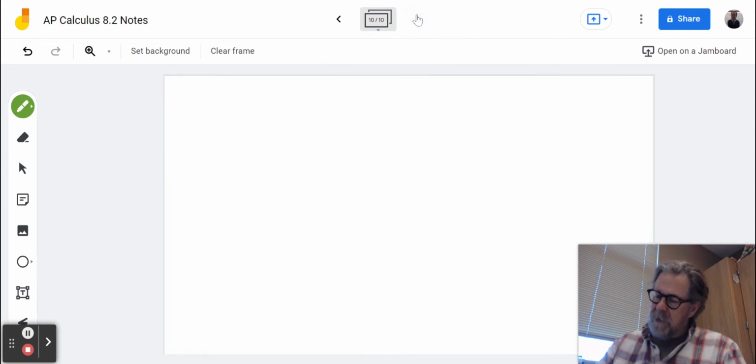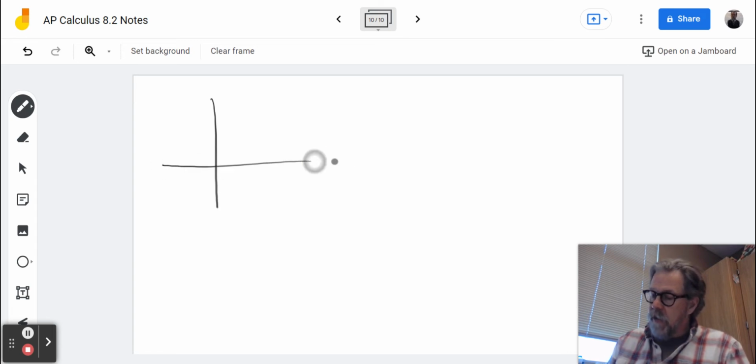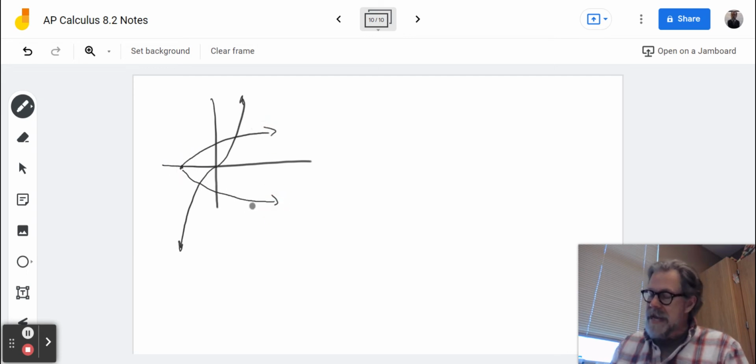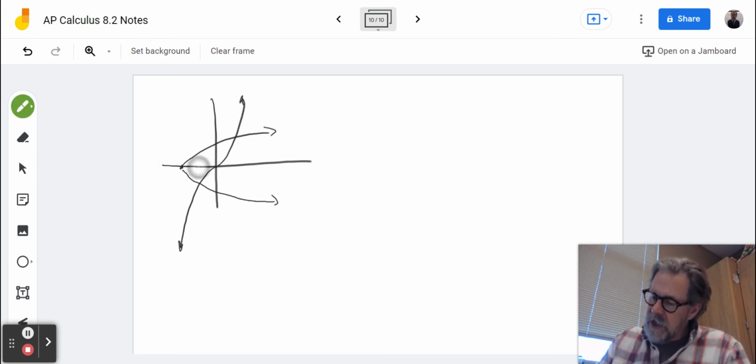Well, I'm going to jump to the next page and let's go ahead and draw our graph one more time. There's x cubed, there's my sleeping parabola. And what I'm going to have to do in this case is I'm going to have to split it up.